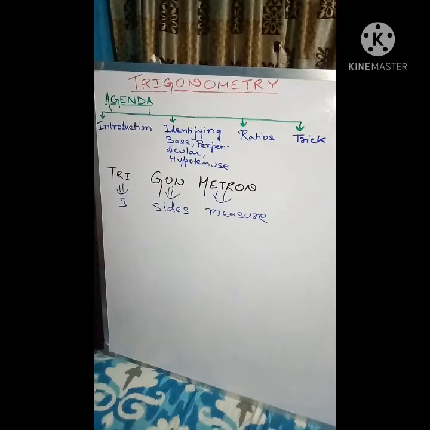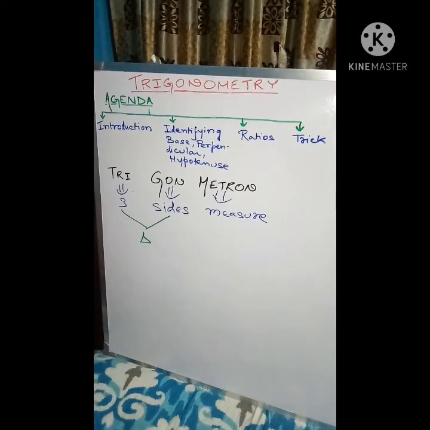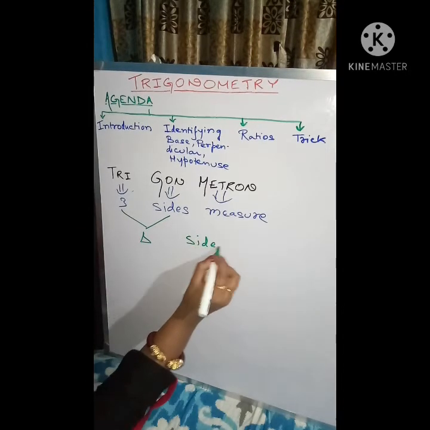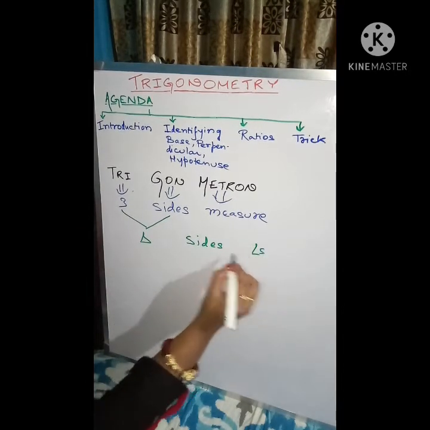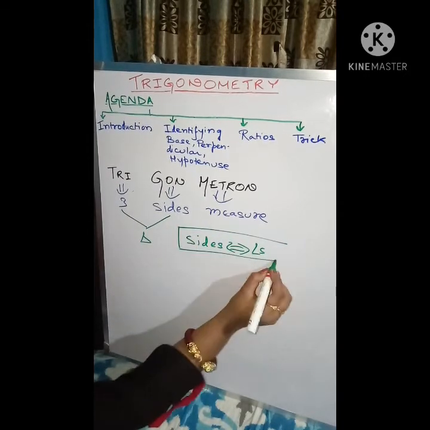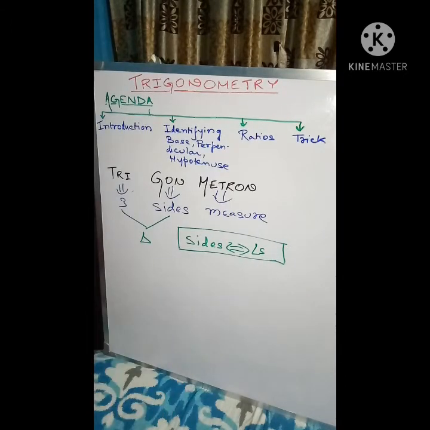So, we can say that trigonometry deals with the measurement of a three-sided figure, and we all know that a three-sided figure is called a triangle, right? So, trigonometry helps us to understand the relationship between the sides and angles of a triangle.